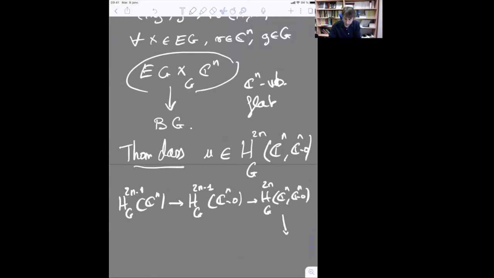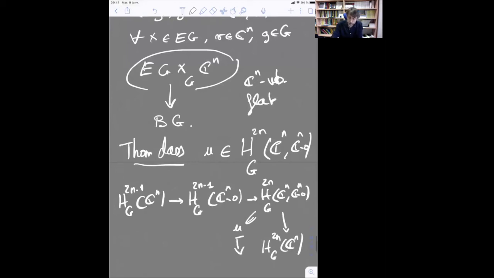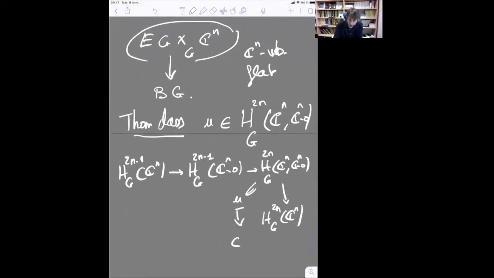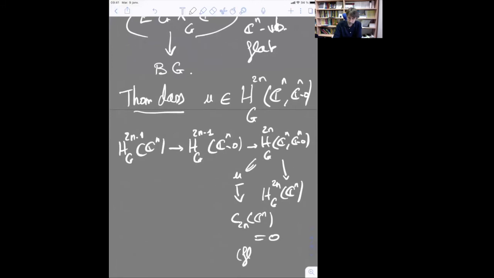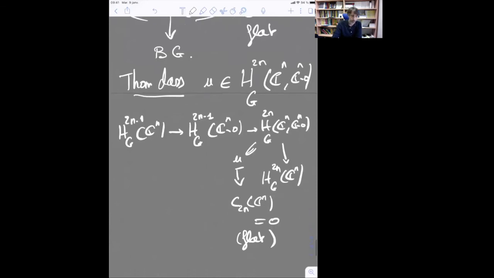The Thom class is here, and it maps to the Euler class here, which is just the top Chern class, degree 2n, of Cn, and because the bundle is flat, it is 0. So U has a lift.